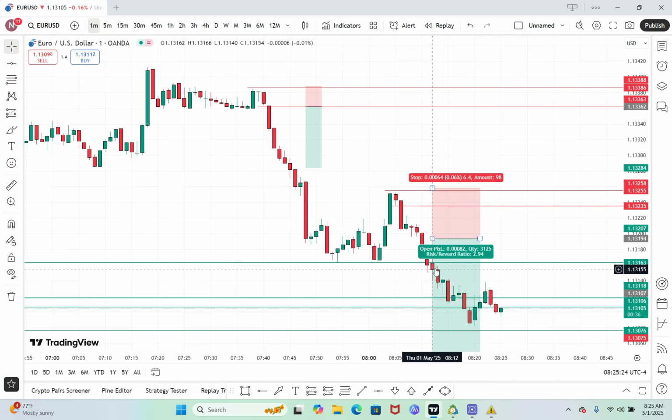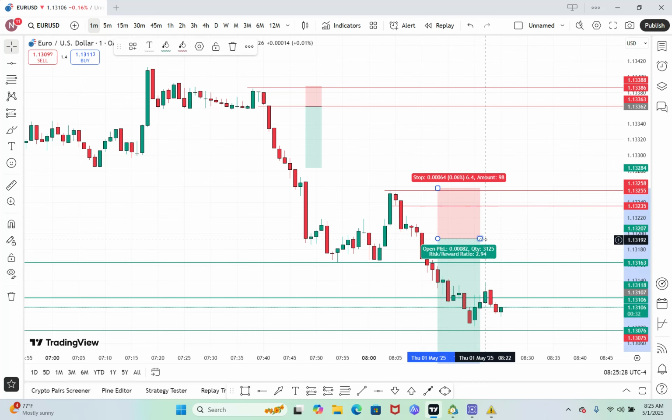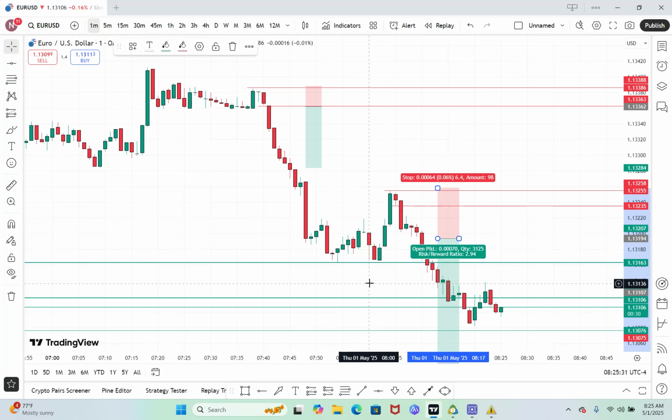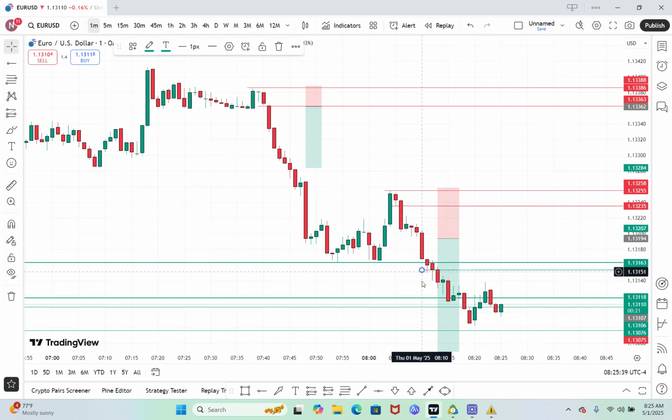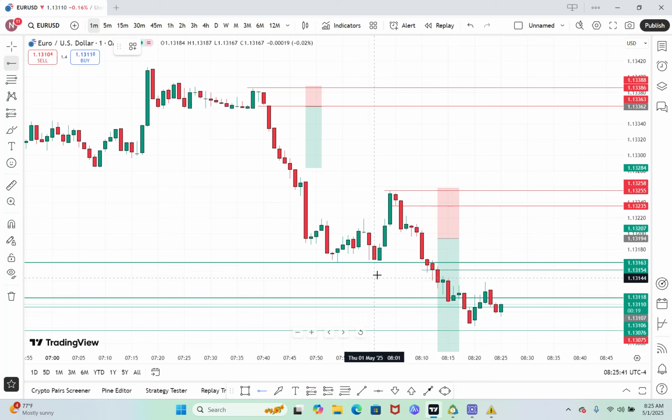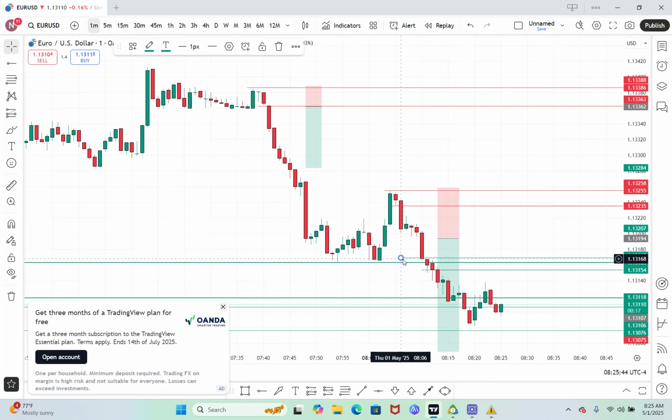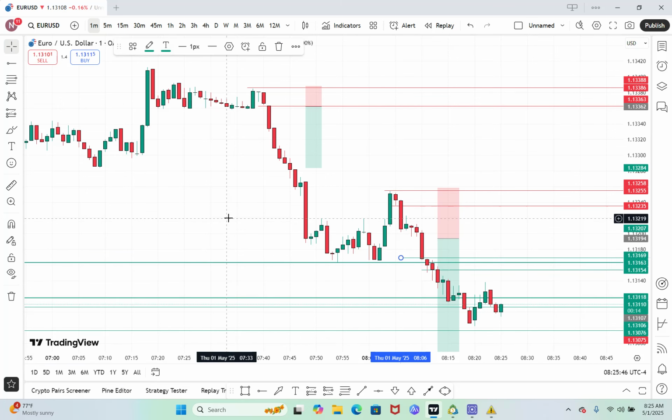So with this little area right here, we're going to put a line right here. Let's see if we can get a sell trade right in this area.